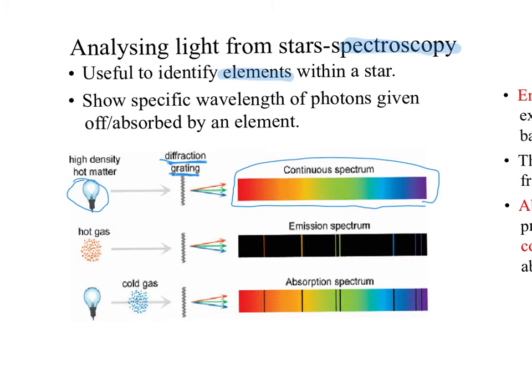Now, in terms of emission spectrum, it's very important to know the difference between emission and absorption spectrum. Obviously, you know that a continuous spectrum should be all the colors of the rainbow just by passing white light through something. But when it comes to emission spectrum, what you have is a hot gas. We do have it in school.